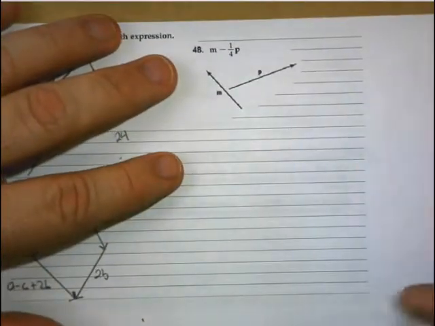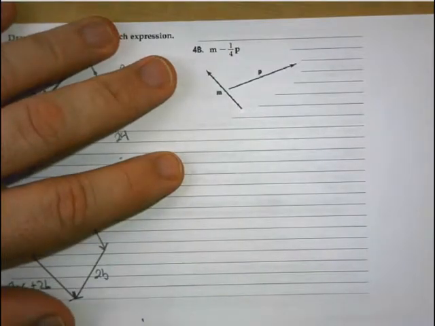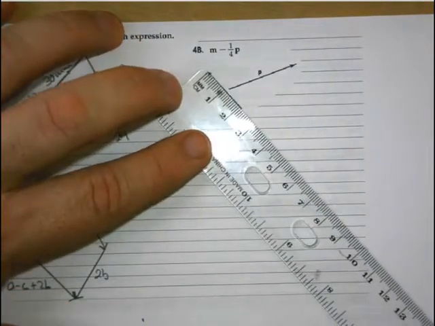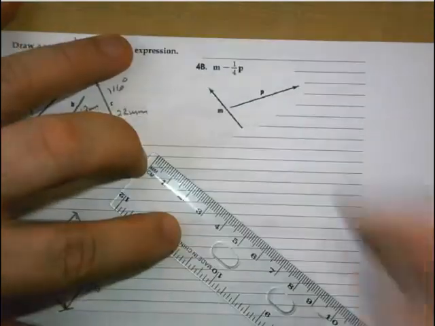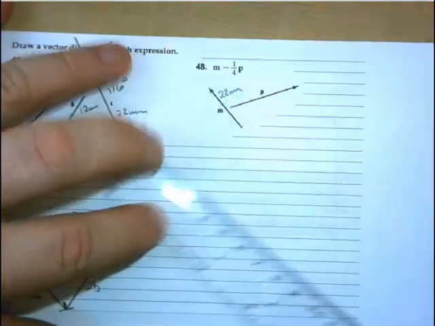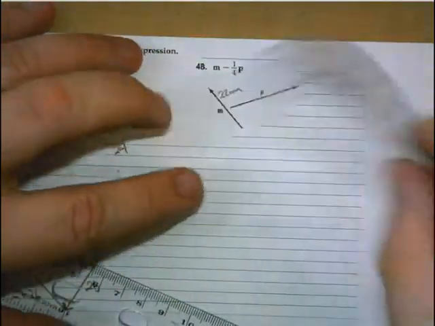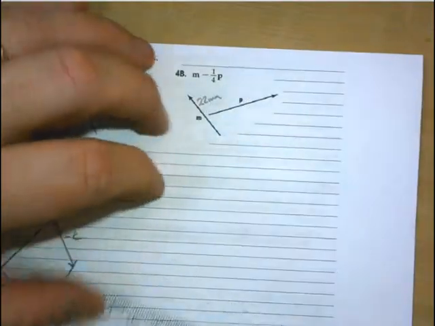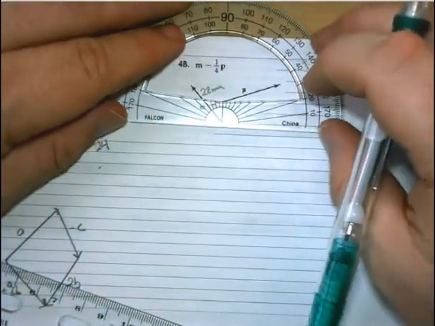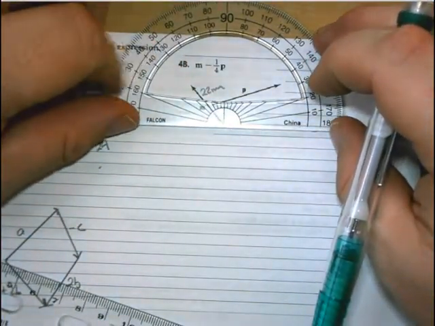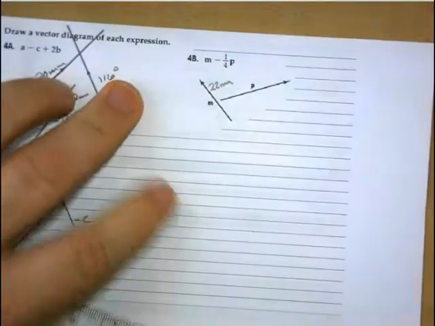All right, for B we have M minus 1/4 P. Let's get some measurements here. This one looks to be 22, so 22 millimeters at an angle of, let's extend this.